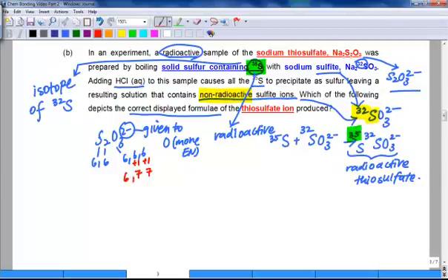Well, there's nothing wrong in doing this if they ask you to draw S2O3 2- just like that. But in this case, the question actually tells you that you make this from sulfur and SO3 2-. So you actually need to draw the Lewis diagram for both of these separately and add it up to give your S2O3.